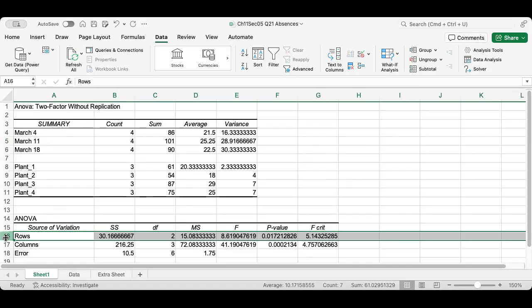Row was Fridays or plants. Look back at the data. Was rows Fridays or plants? So, does which Friday it is matter? Critical value is 5.14. My calculated value is 8.61. Am I in the reject or accept section?